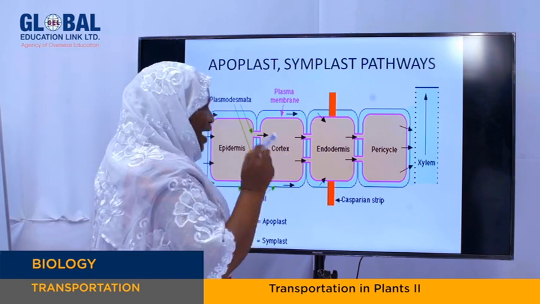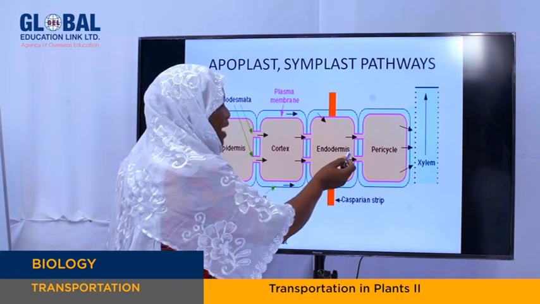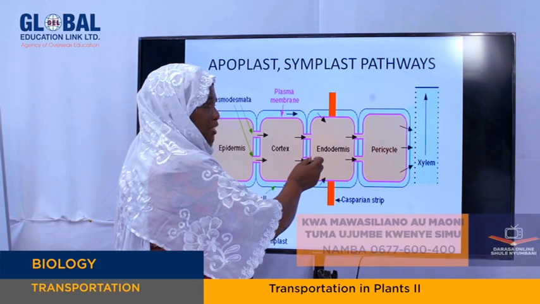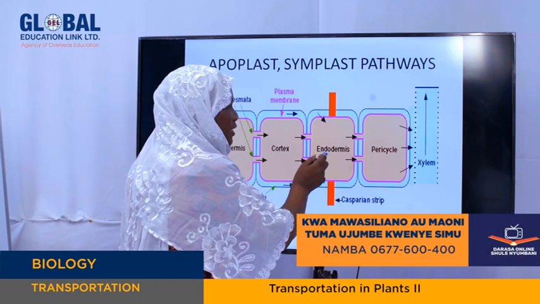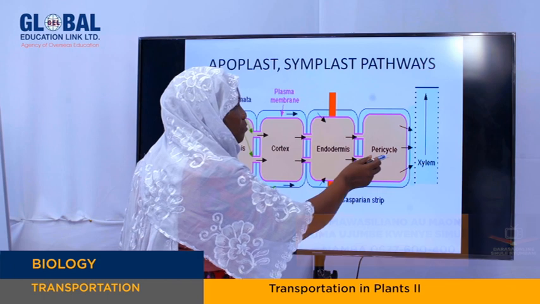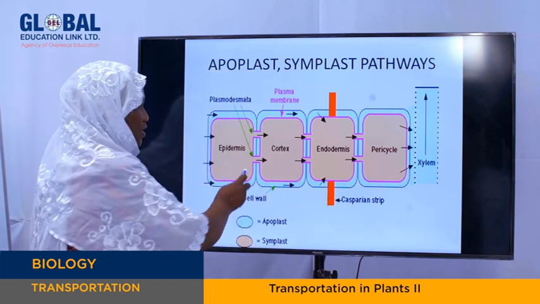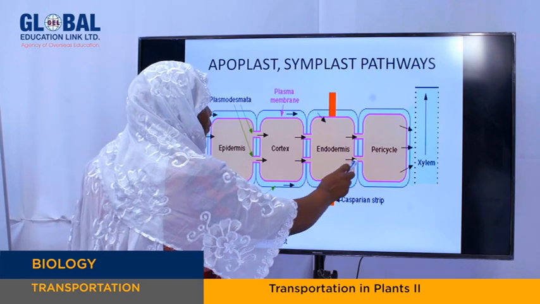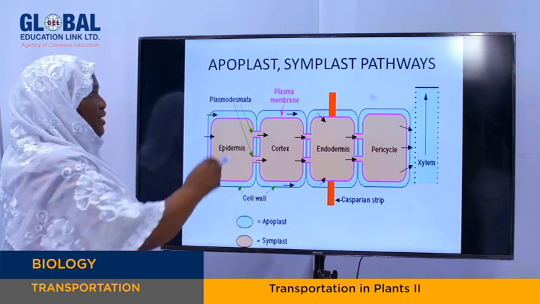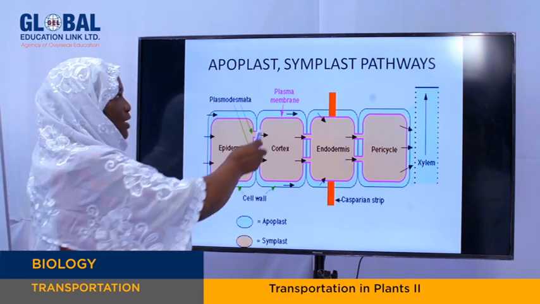From here, it enters the cytoplasm of endodermis. From endodermis, it enters the cytoplasm of pericycle. This way is what is called the symplasty pathway.